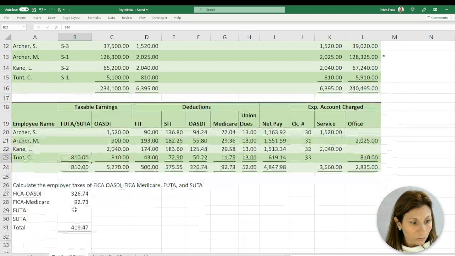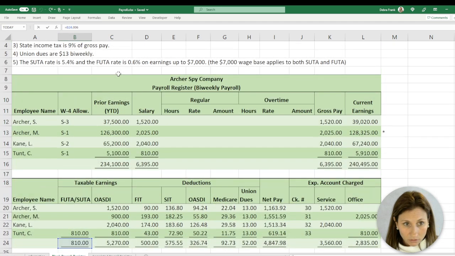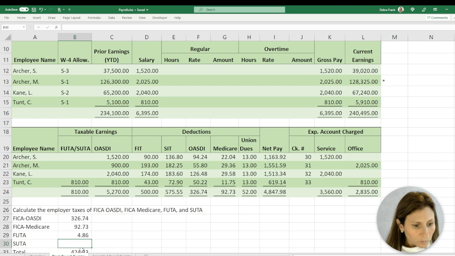Let's do a bunch of those zeros there. So that's going to be this amount times 0.006. There you go. And then our SUTA.